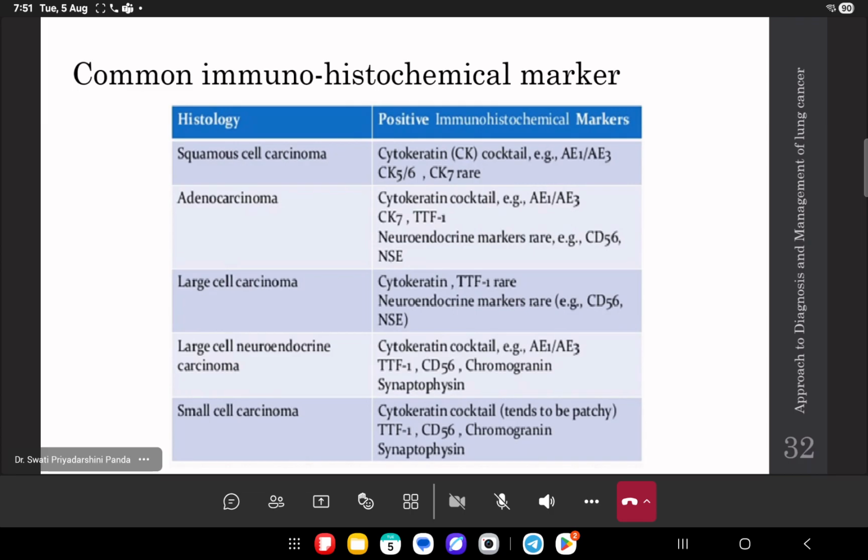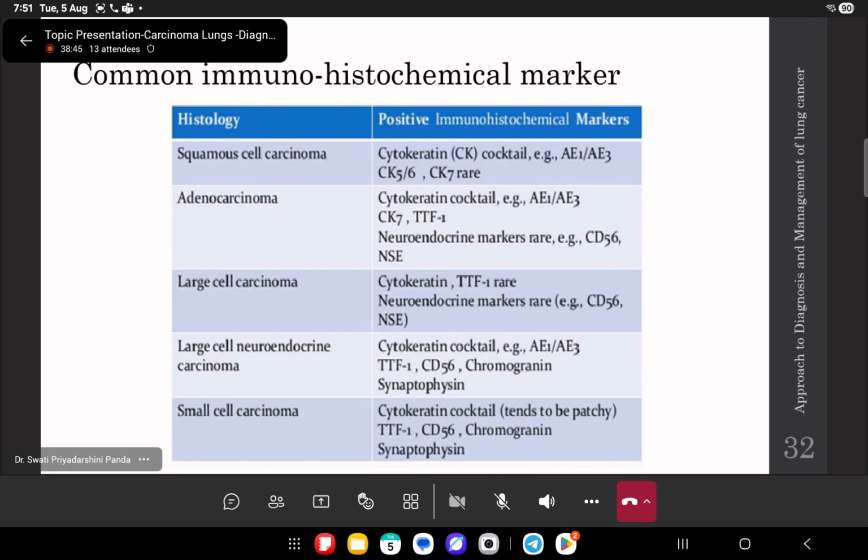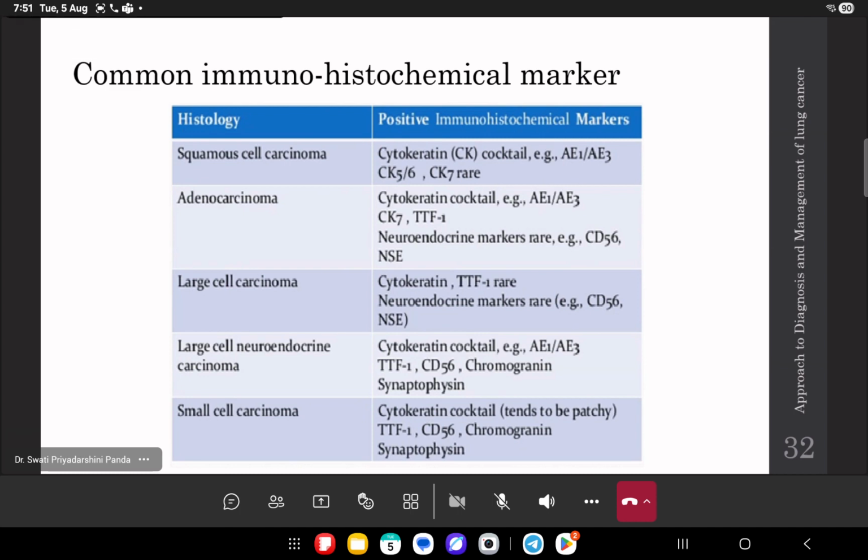Immunohistochemical markers. Squamous cell carcinoma is positive for cytokeratin AE1, AE3, CK5/6, CK7. Adenocarcinoma is positive for cytokeratin cocktail CK7, TTF1, AE1, and AE3, and neuroendocrine markers are rarely positive, which are CD56 and NSE.